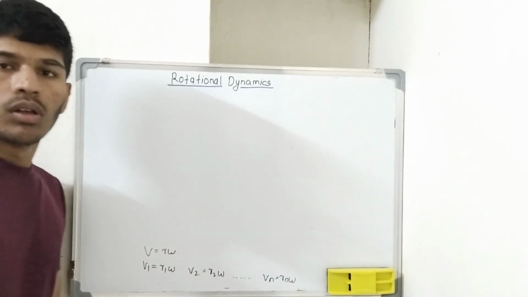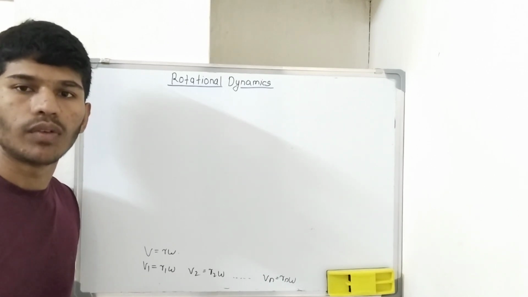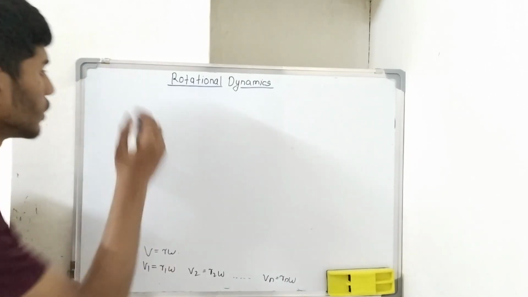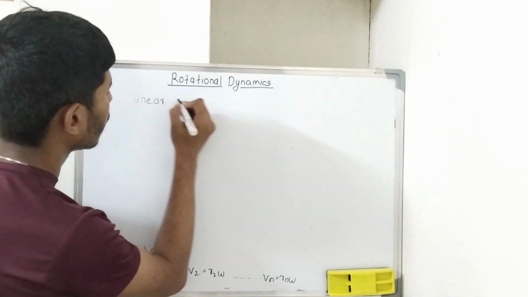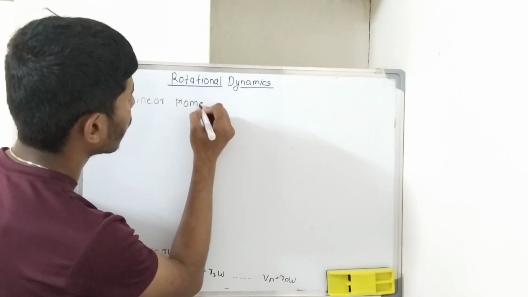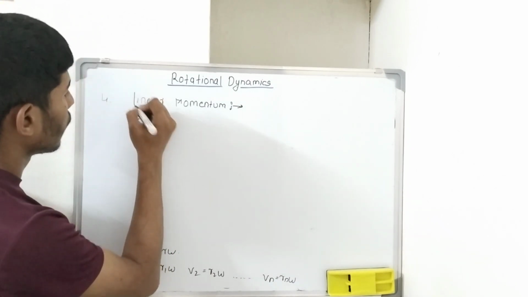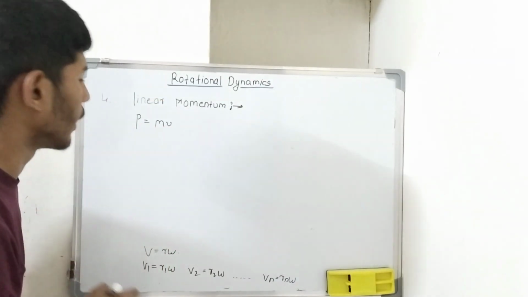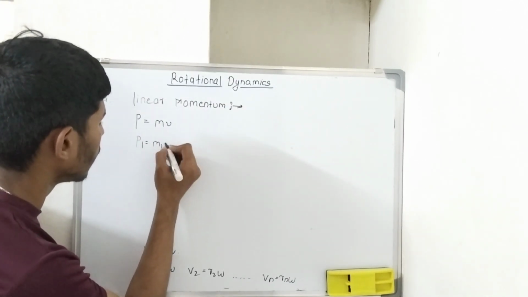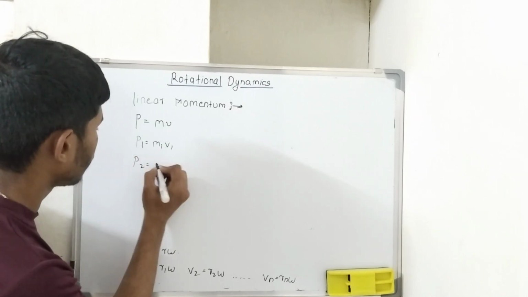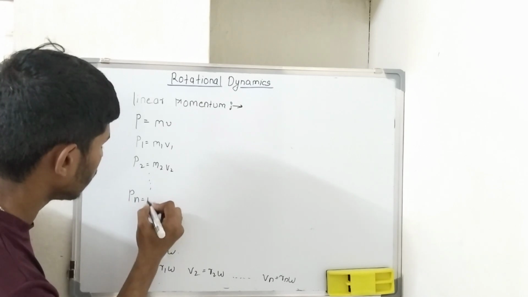Now, we know that the linear momentum is given by P is equal to mv. We discussed it at the start. That is, the fourth point is, linear momentum is given by P is equal to mv, so for individual masses P1 is equal to m1 v1, P2 is equal to m2 v2, till Pn is equal to mn vn.